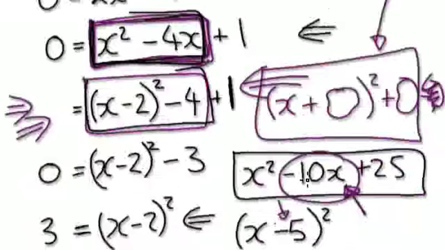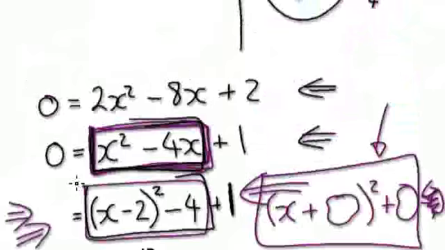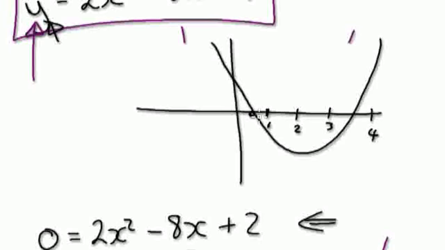We just worked out x to be 2 plus or minus root 3. What that means is, you start at 2 and then you minus root 3. That would take you to here. And then the other solution would be you start at 2 and then you add root 3, and that will give you this point here.